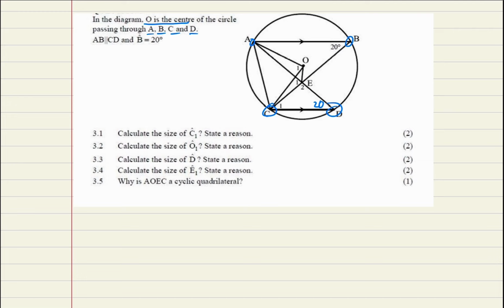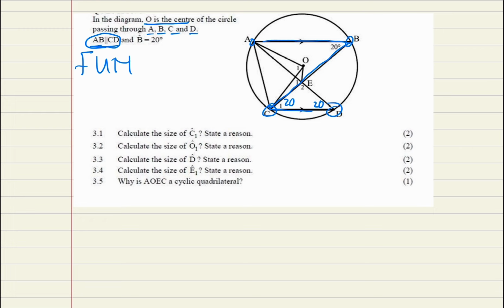Okay, but let's continue. They say A, B. Oh, wait, fun. Why do I say fun? It's because of the parallel lines. Okay, and I can now see that this is also 20 degrees because of alternate angles. Now they say find C1.